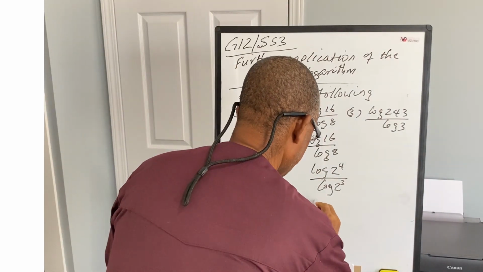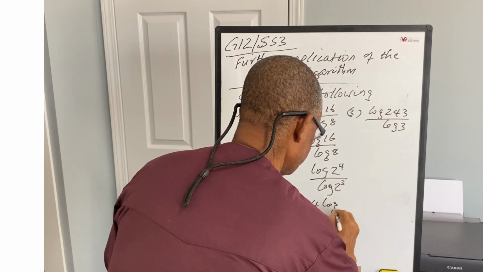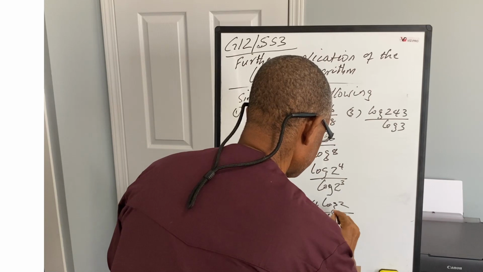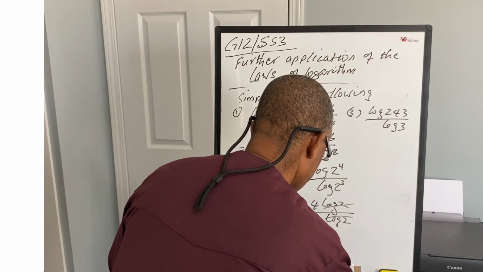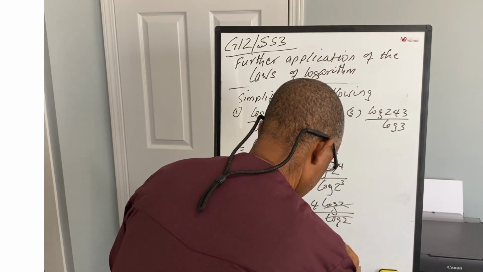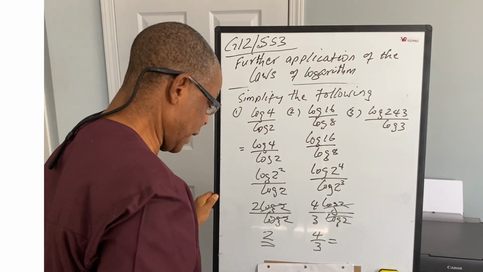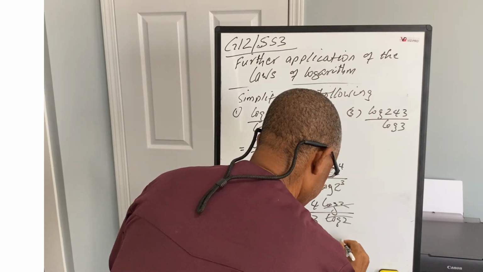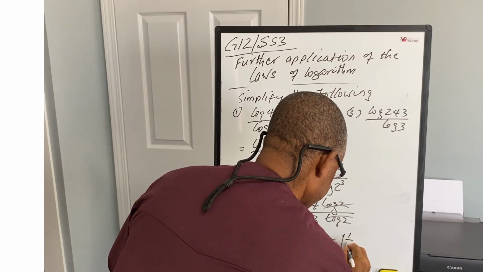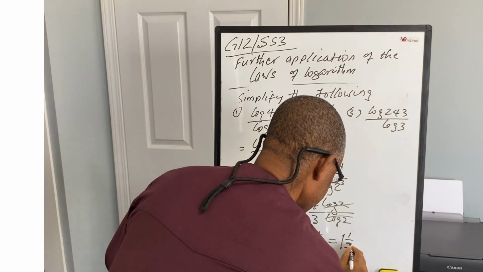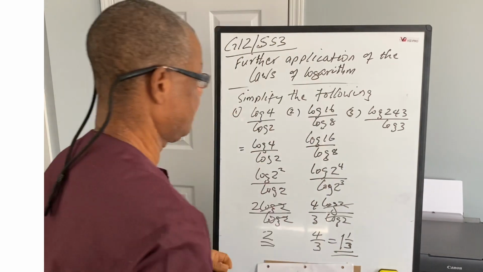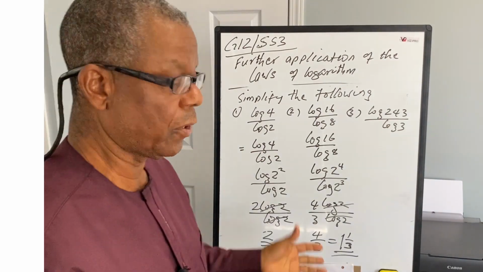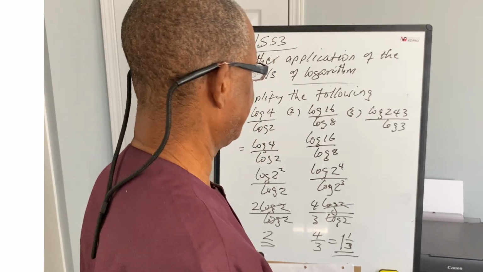So we now have 4 log 2 over 3 log 2. Our result is 4 over 3, which we can now write in mixed fraction. We have here improper fraction. One whole number, 1 over 3. So that is a value. We got a distinct value for that very one.